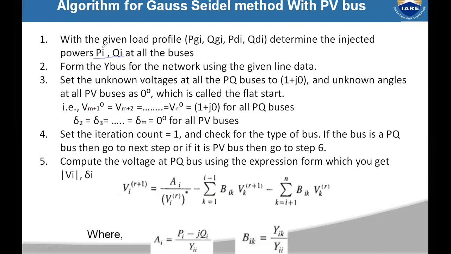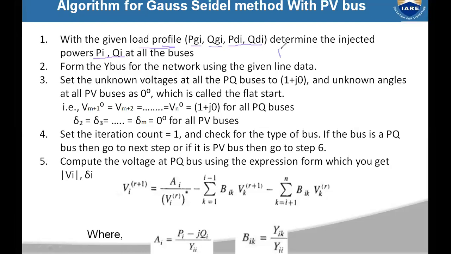Power injections PI and QI at all the buses you have to determine from the given load profile. Load profile means they will specify generation at the ith bus, PGI and QGI, and demand PDI and QDI at the ith bus.